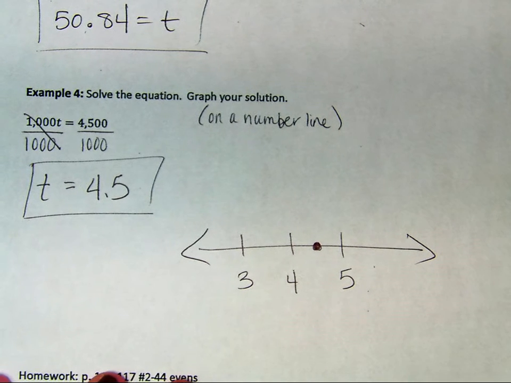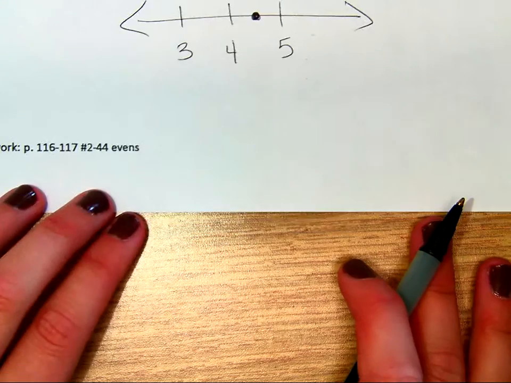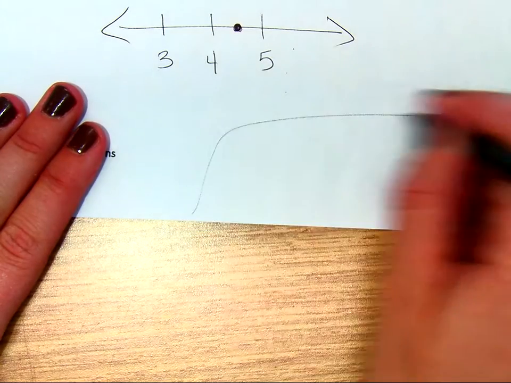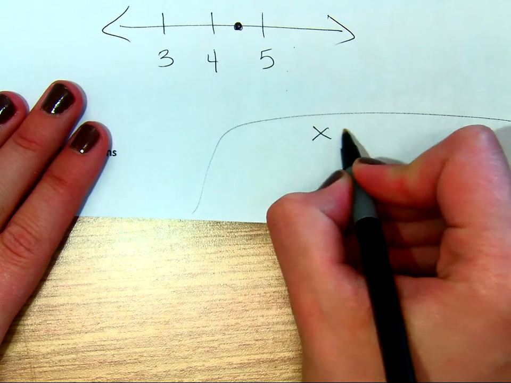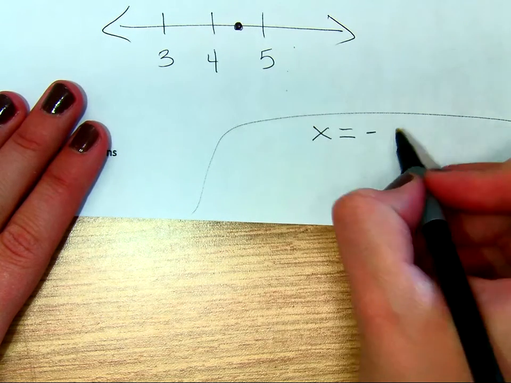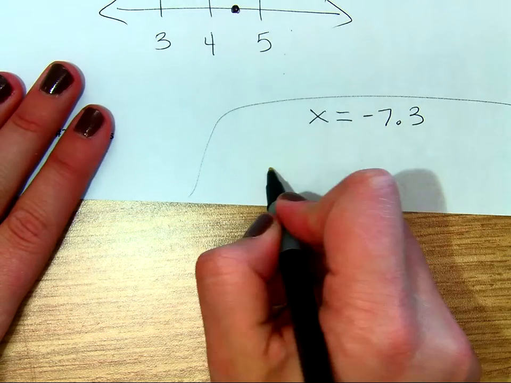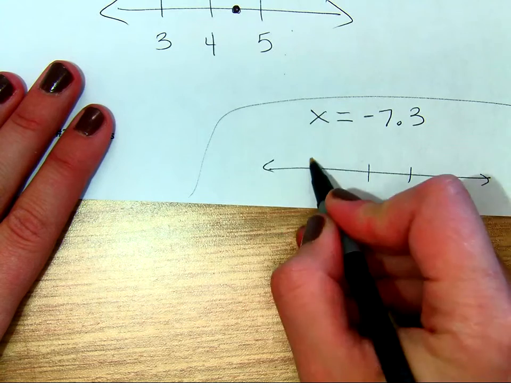So I'm done. Now if, let's say, this is a different type of example, but let's say I wanted to graph a solution of x equals negative 7.3. Let's practice graphing a negative number. Again, I'm just going to include a couple numbers around my answer.